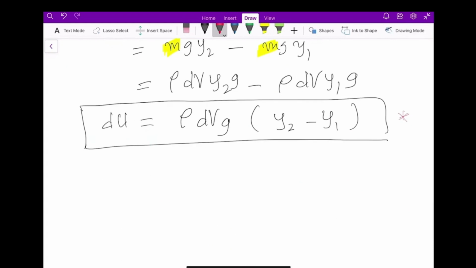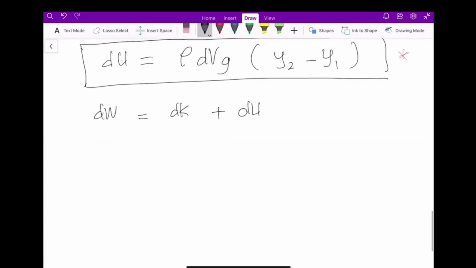Now we want to go back to the main equation again and combine all three terms together. We go back to the original equation: dW equals dK plus dU.